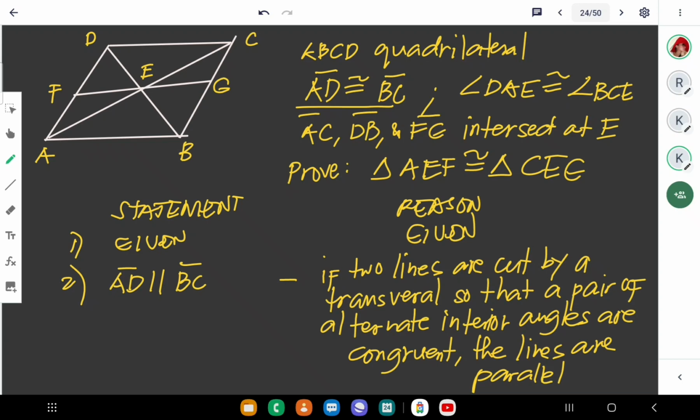Since AD and BC are congruent and they are parallel, that means ABCD is a parallelogram, from the properties of parallelograms.